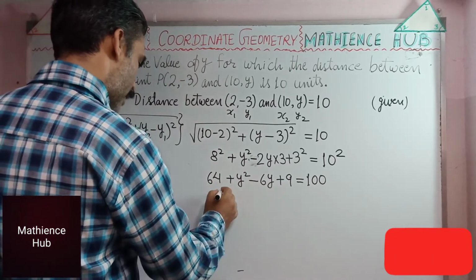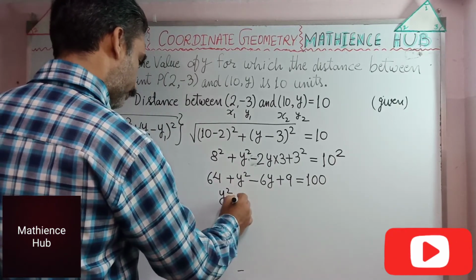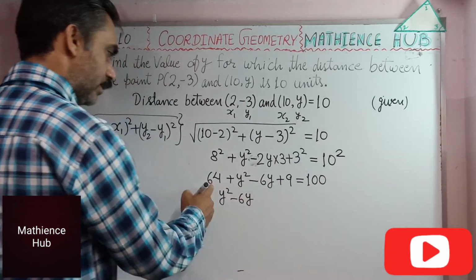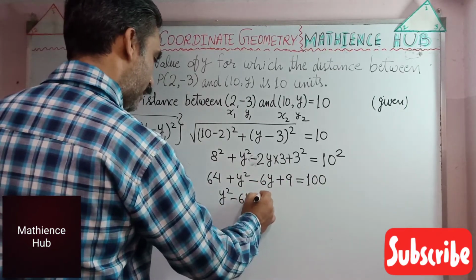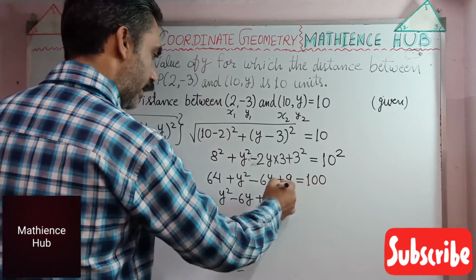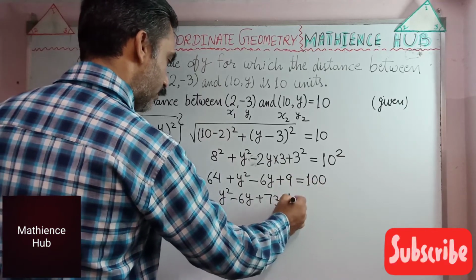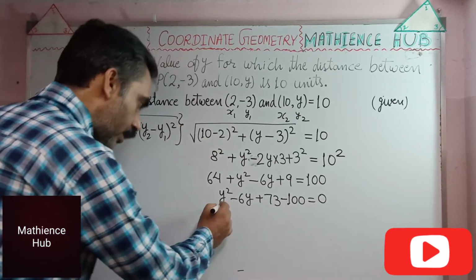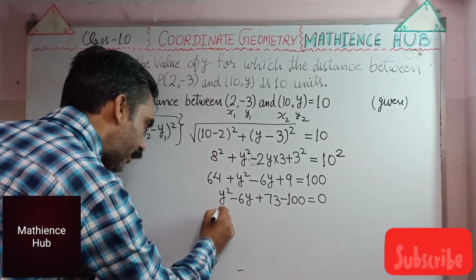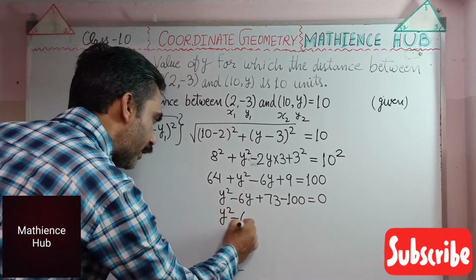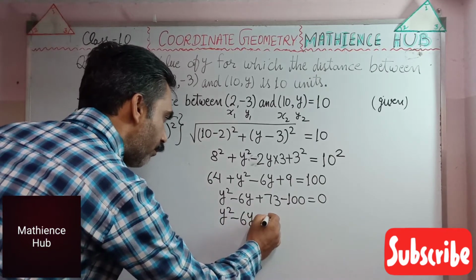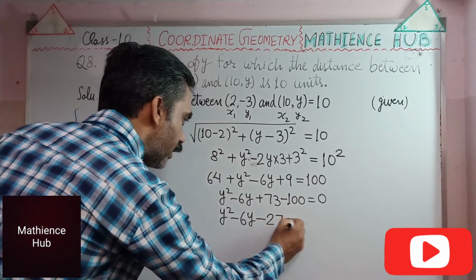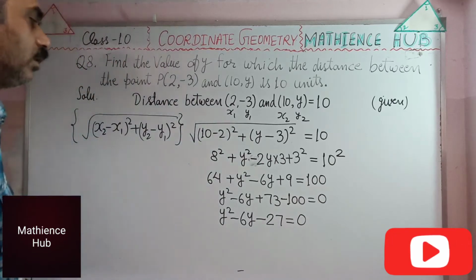Y square minus 6y, 64 plus 9 is 73. 100 comes to the left hand side as minus 100 equals 0. Now this forms a quadratic equation: y square minus 6y minus 27 is 0.